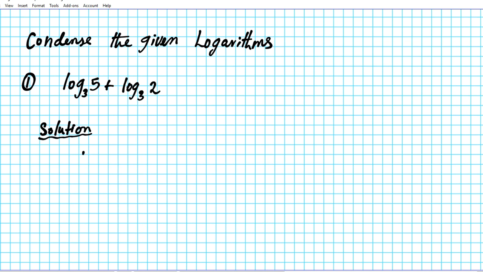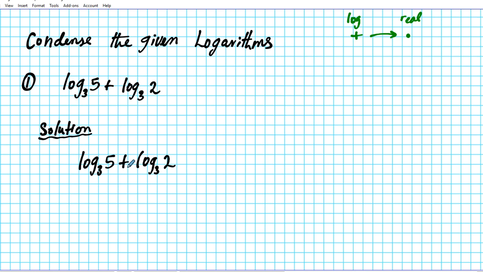Starting with log base 3 of 5 plus log base 3 of 2, we just have to remember the rules. Okay, when you have the sum of logarithms, what you're looking at is the product of the numbers, the logarithmic arguments. Okay, so think about log and the real world. So in the log world, when you have plus, in the regular non-logarithmic world, we're looking at the product of the logarithmic arguments.